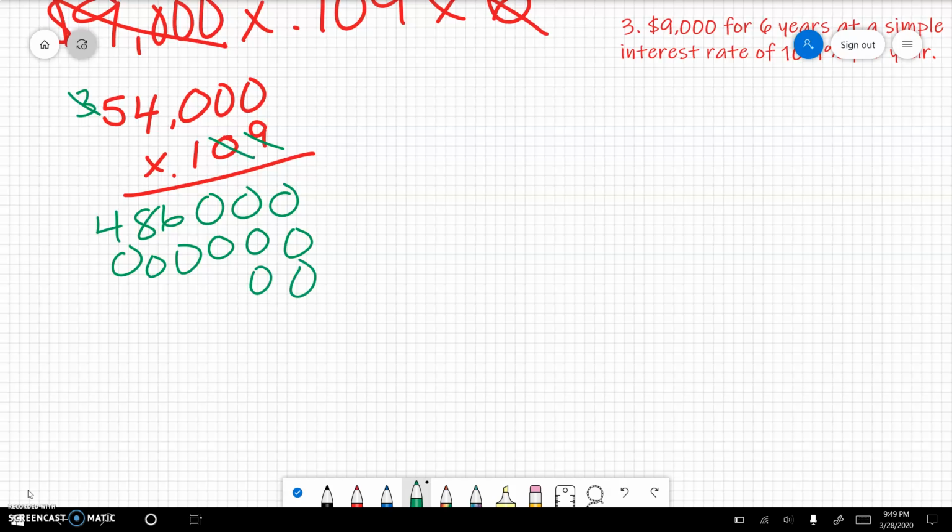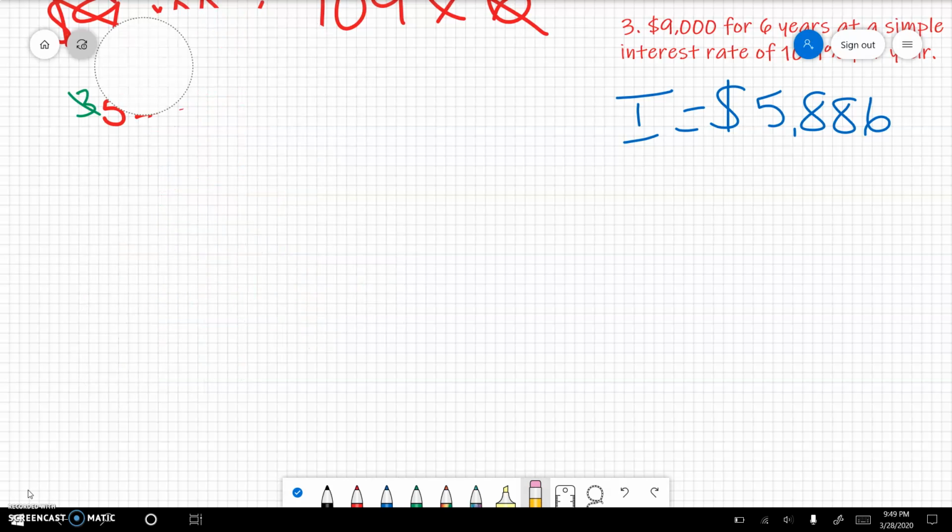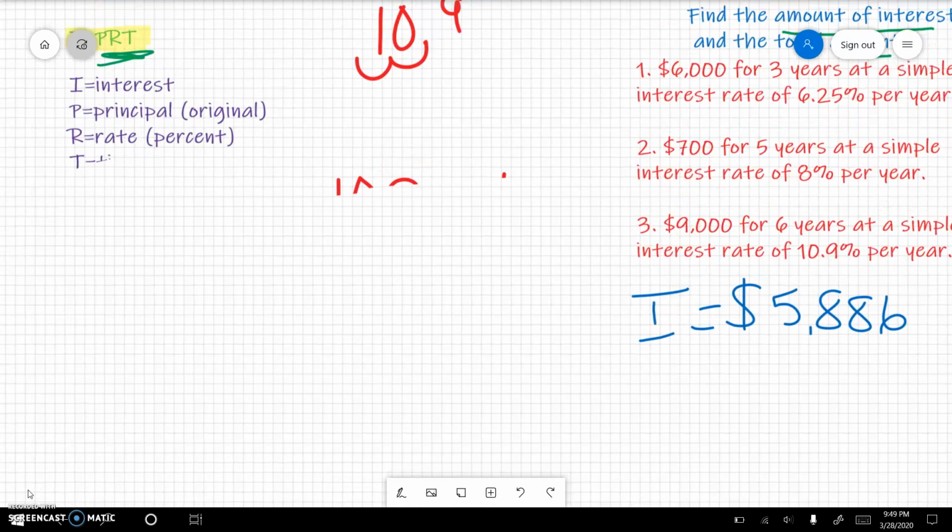Now 1 times 0 is 0, 1 times 0, 1 times 0. 1 times 4 is 4, 1 times 5 is 5. Add them up. Now I look up into my question. There are 3 spots behind the decimal. So my interest is $5,886.